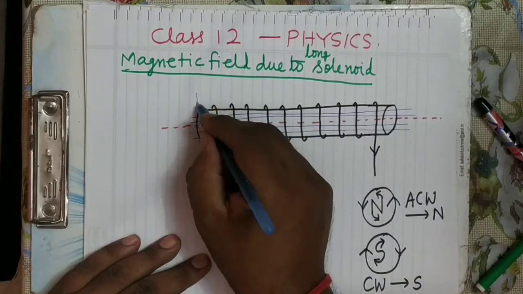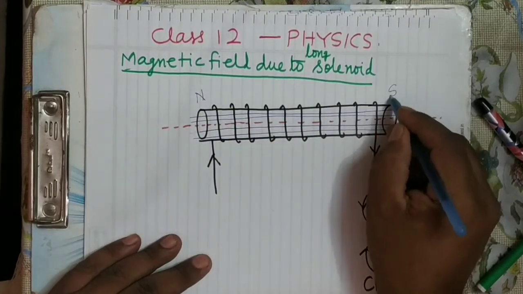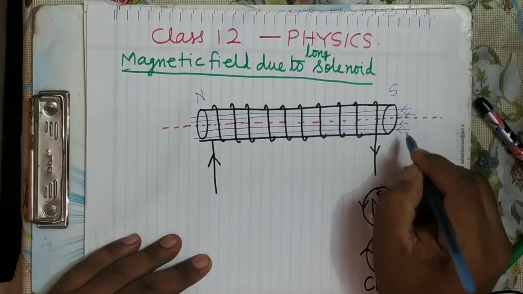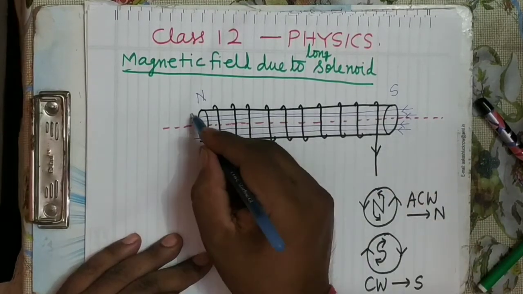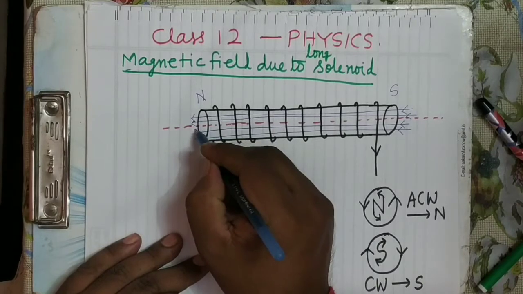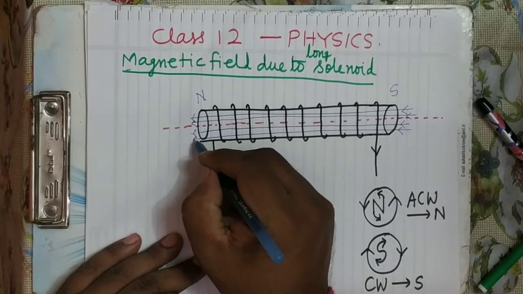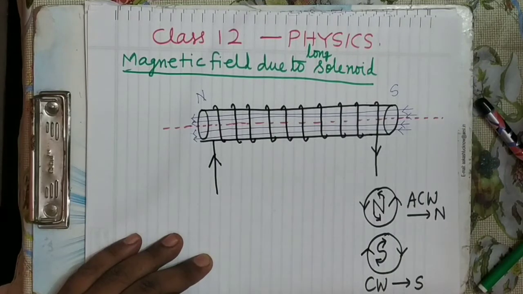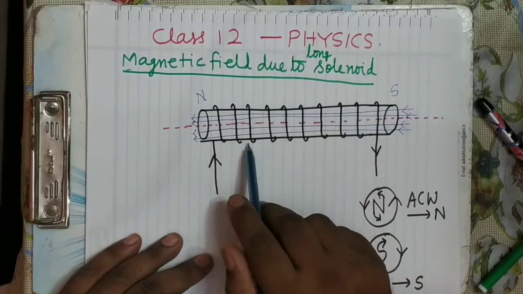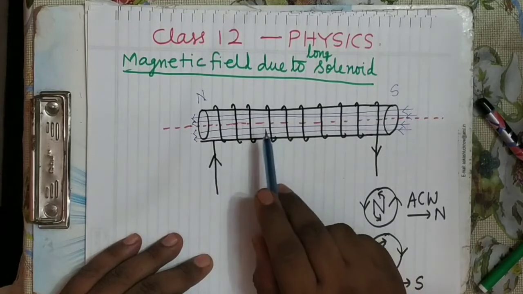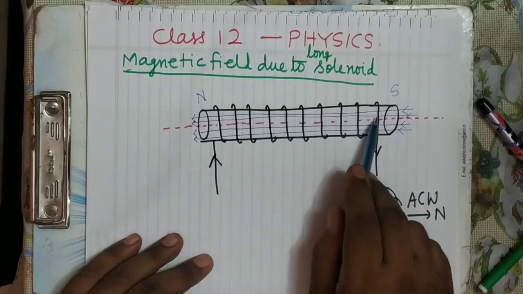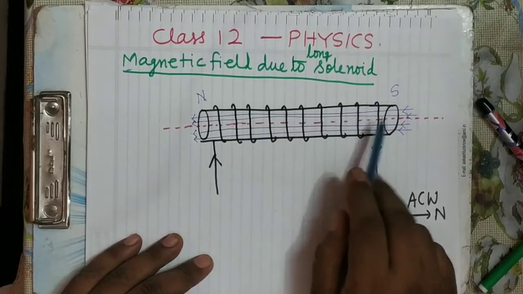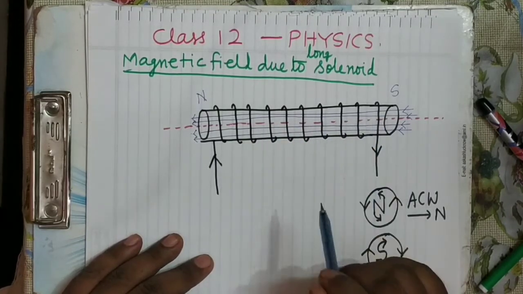If we take this as the north pole and this as the south pole, then these lines run in this direction. Lines of force come out from the north pole, and after travelling here they enter the south pole. So because of a closely wound long solenoid, there will be an almost uniform magnetic field inside the solenoid, parallel to its axis.